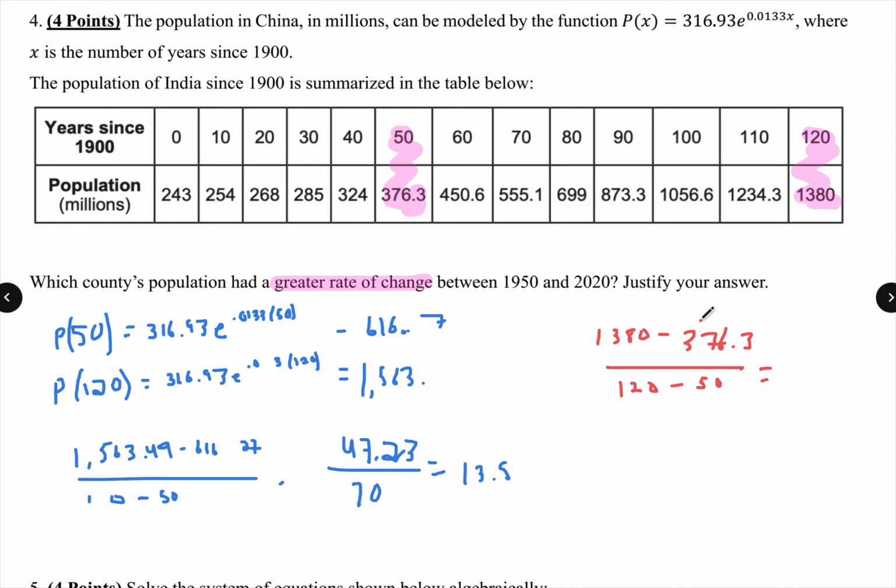What does that leave me with? 1,003.7 all over 70.